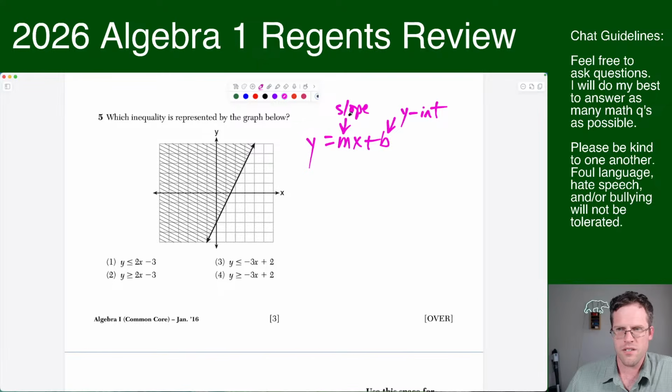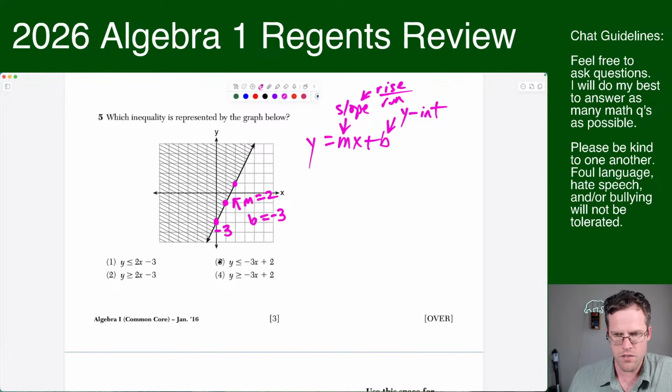For slope, I just think rise over run. Here, b, the y-intercept, is -3. And then the slope, I'm rising 2 and running 1, going up 2 over 1. So this one has a slope of 2 and a y-intercept of -3.